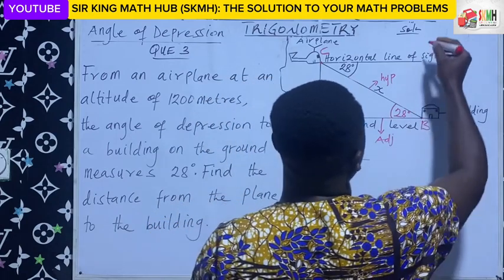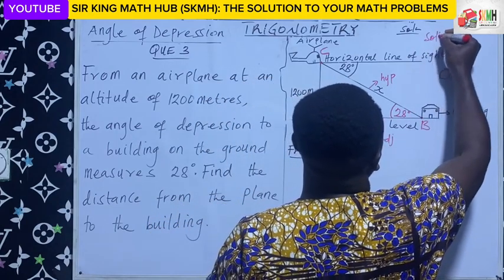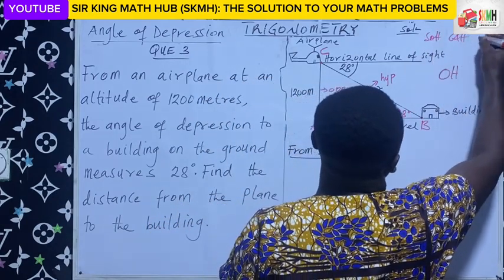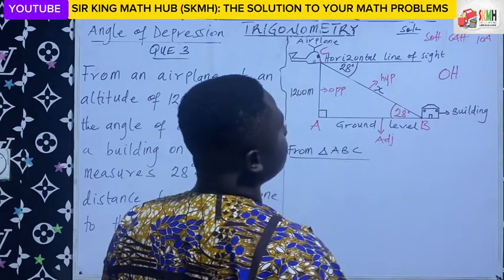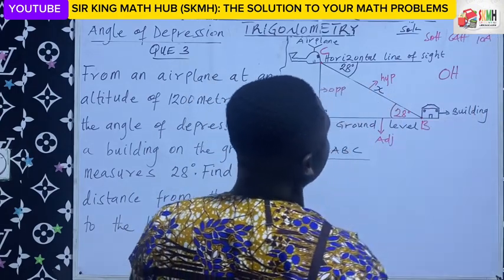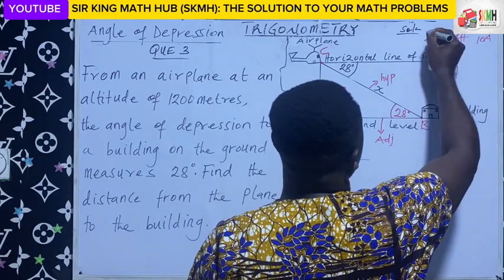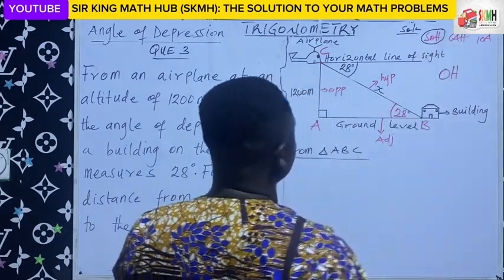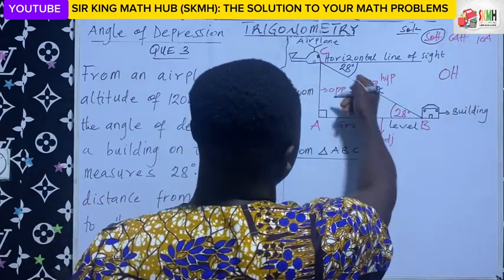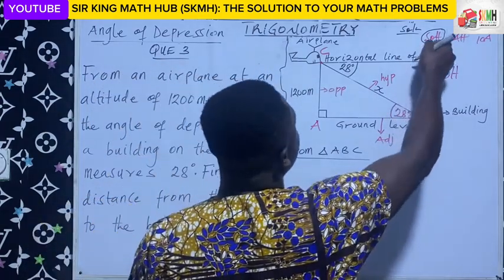So from SOHCAHTOA, which of them has opposite and hypotenuse? So clearly, to calculate this distance, we must go by SOH.